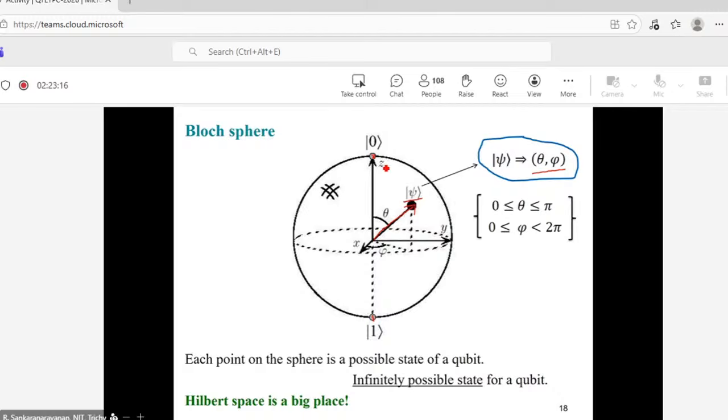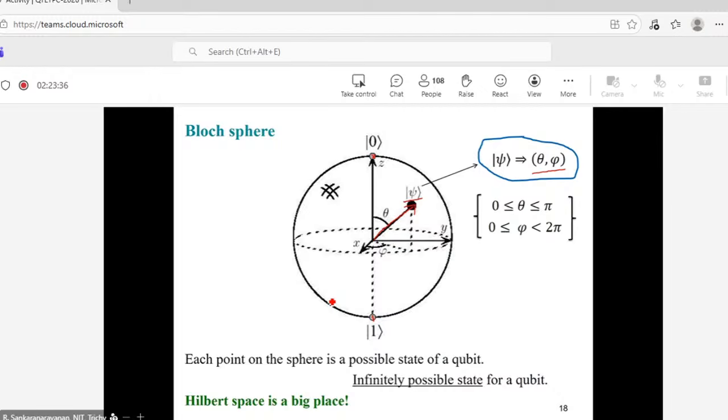And of course, in addition to these 2 points, you also have a large number of points on the sphere. So every point on the unit sphere is a possible state of a qubit. You see, it is just a geometrical representation of what I just wrote about. Okay.